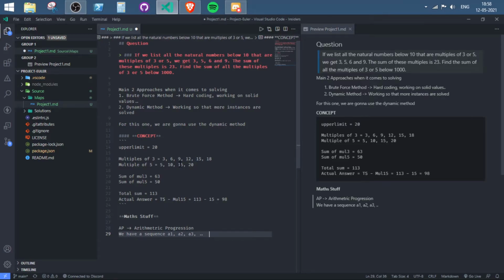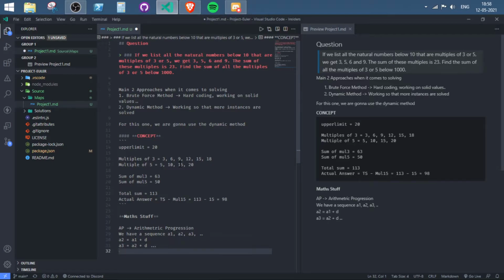A2 equals A1 plus D, A3 equals A2 plus D, dot dot dot, kind of like that.